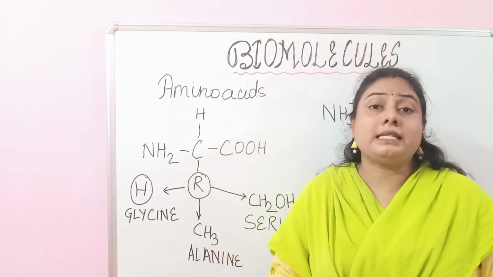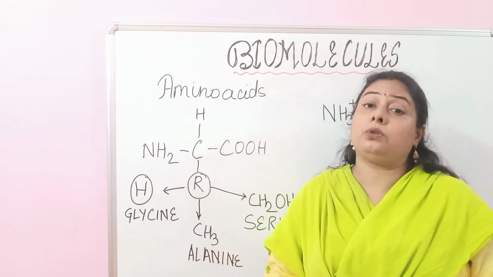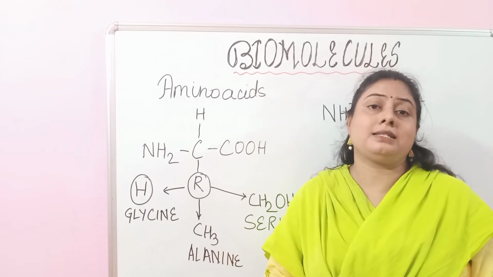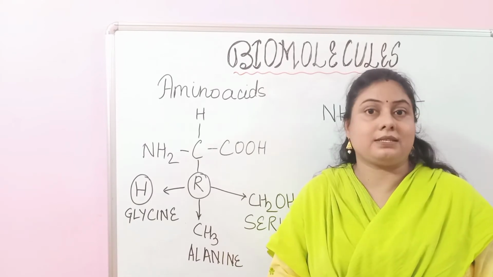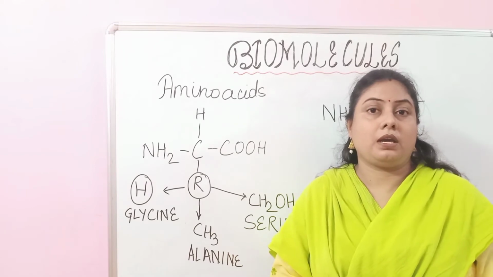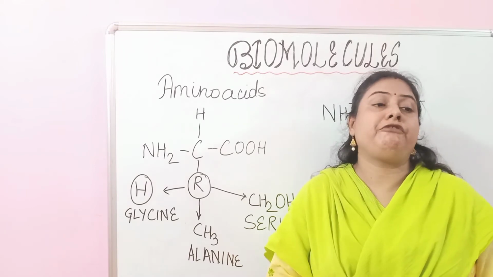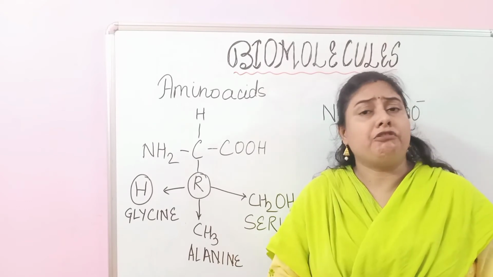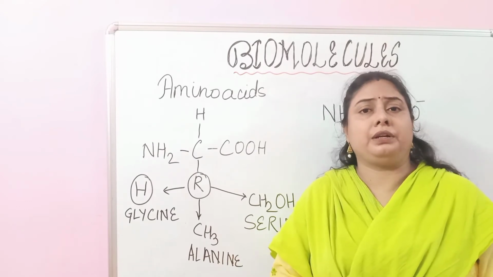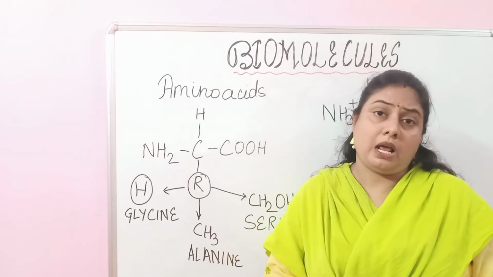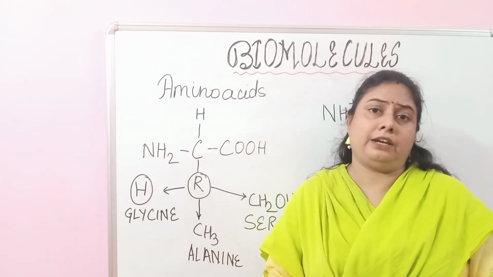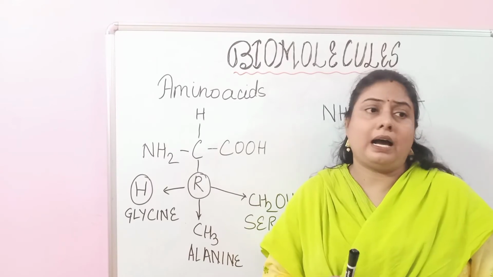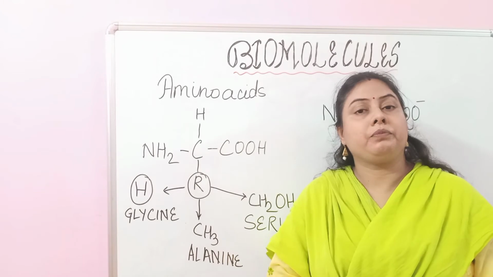And the essential amino acids are those amino acids which are not synthesized in the living organisms. They are to be supplied from outside, like valine, leucine, isoleucine, lysine, phenylalanine, tryptophan, tyrosine, and methionine.